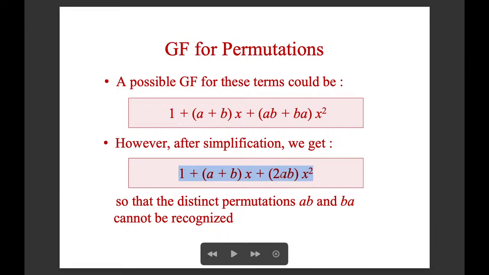They are actually merged into the same term. And also there is a problem. We cannot simply use the same idea of the rule of product and rule of sum to simplify this expression into the product of the case for A and the case for B.